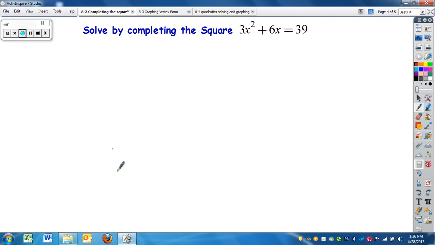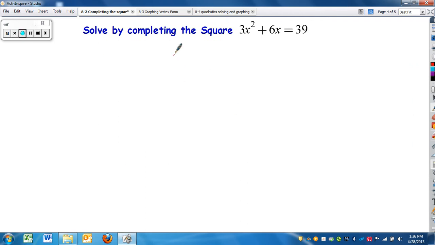Alright, so last one, I just kind of took away the steps to go through it without the steps, which you probably have been doing in your homework. So again, I need a equals 1, so I'm going to divide everything by a. So I get x squared plus 2x equals 13. Alright, c is on the other side, so I can complete the square. So I go 2 divided by 2 squared, b divided by 2 squared, which is 1.